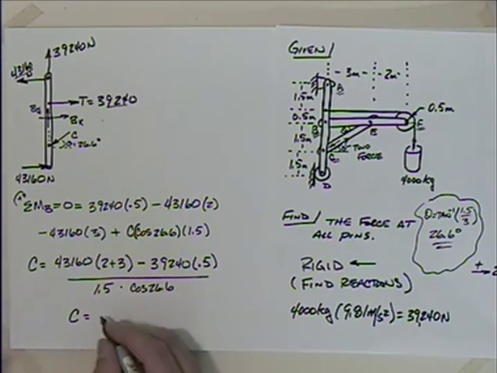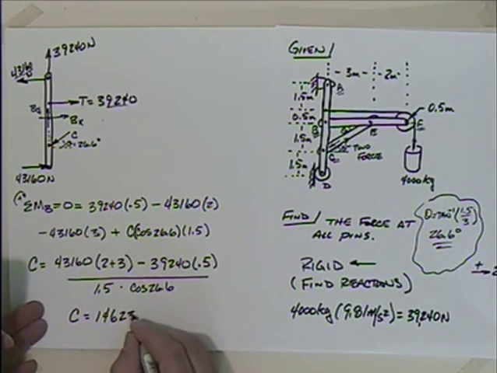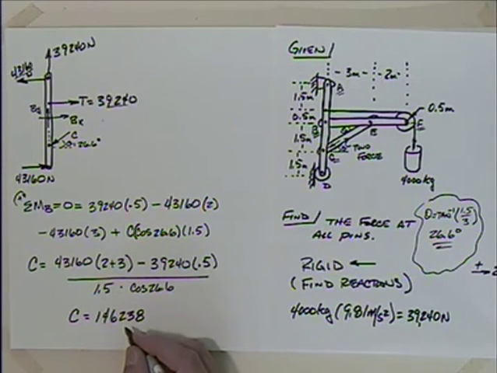So I got C as 146,238. Is that what I got in my notes?